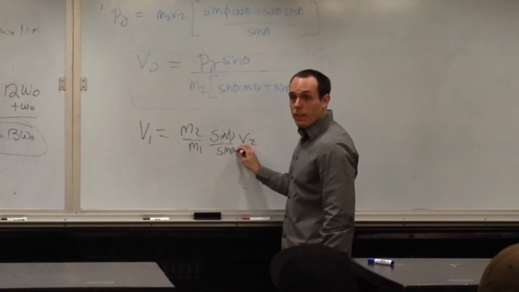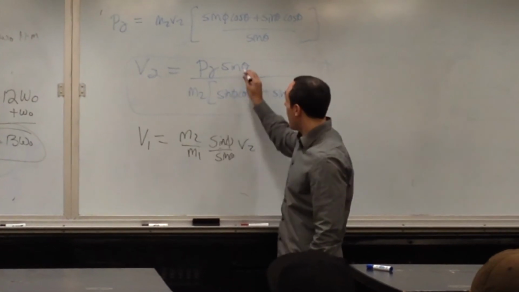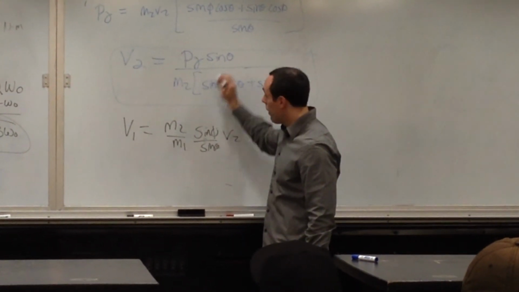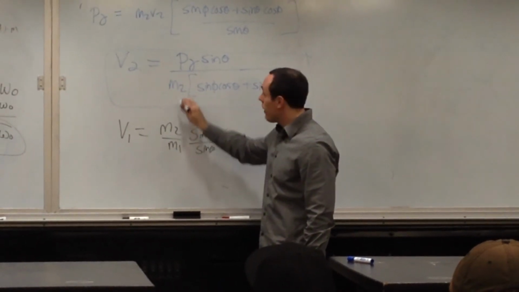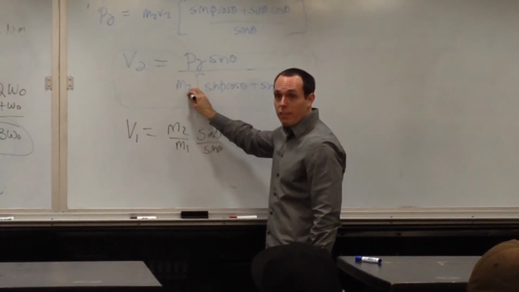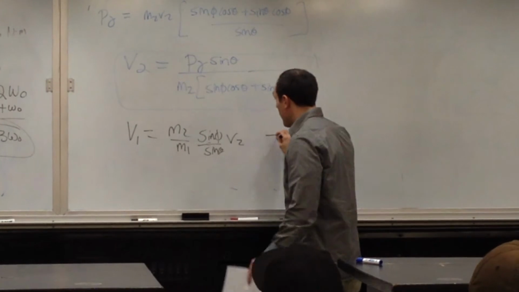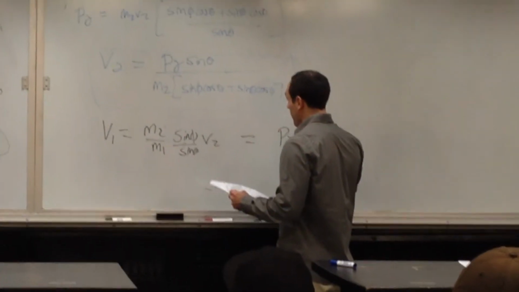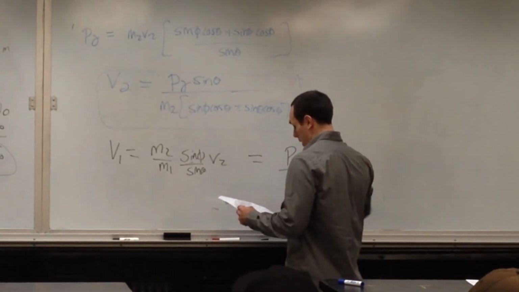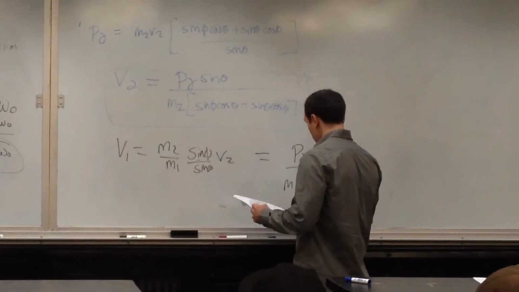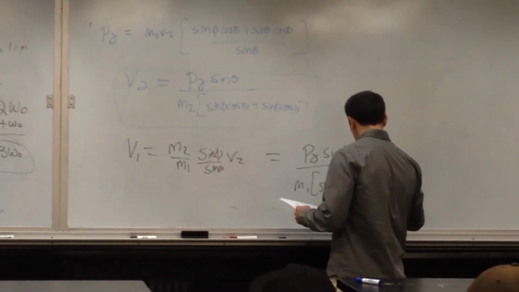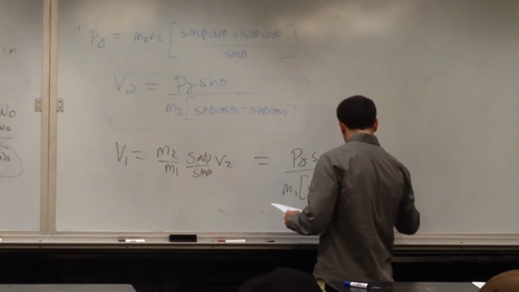I have a sine of theta in this denominator and a sine of theta in this numerator. They will both cancel each other out. I have m2 in this numerator and an m2 in this denominator. They will cancel each other out. So this will give me an answer that is the momentum of the photon, sine phi, divided by m1, times sine phi cosine theta plus sine theta cosine phi.